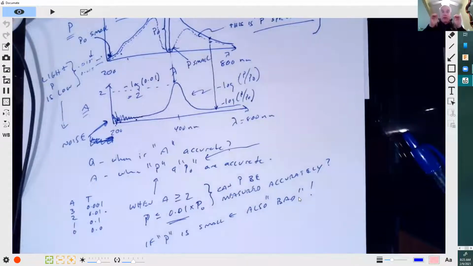Do not transform this absorbance into concentration because the concentration will be wrong.